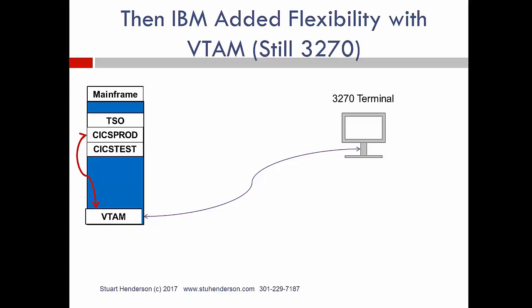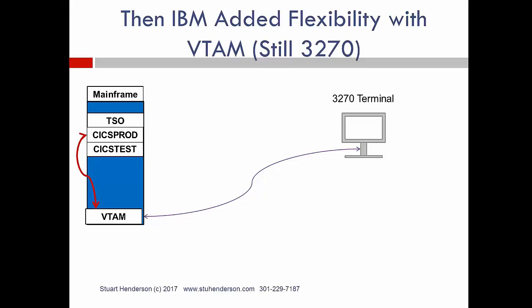Now the next step, we got some added flexibility, as you're going to see. As flexibility increased, the complications also increased. IBM gave us VTAM. VTAM is software that works on the mainframe, and it controls all the telecom, all the terminals, and even TCP/IP.